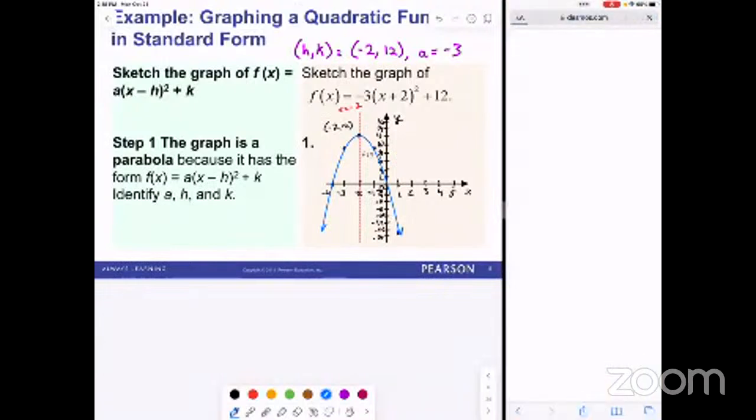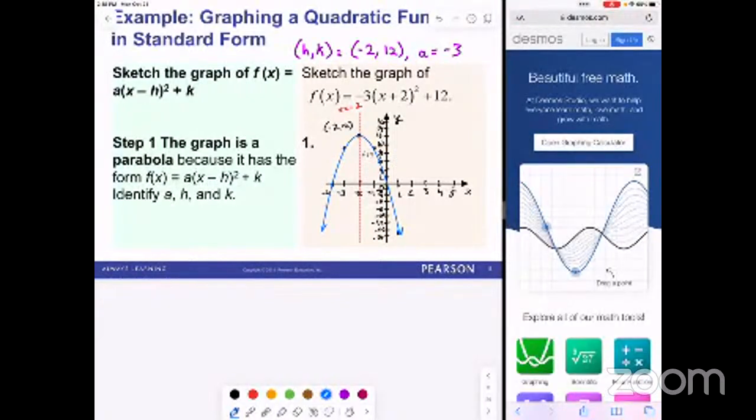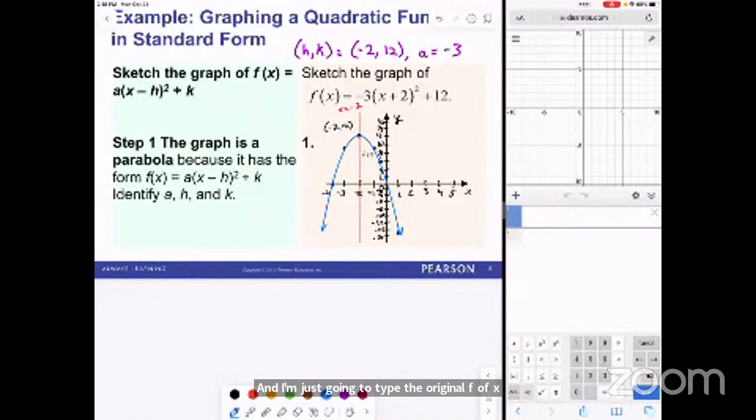So Desmos.com, open graphing calculator. And I'm just going to type the original f of x equals -3 times x plus 2 squared plus 12.